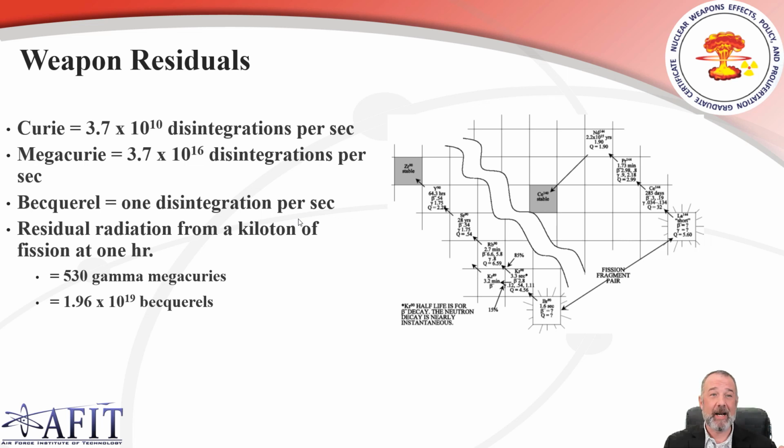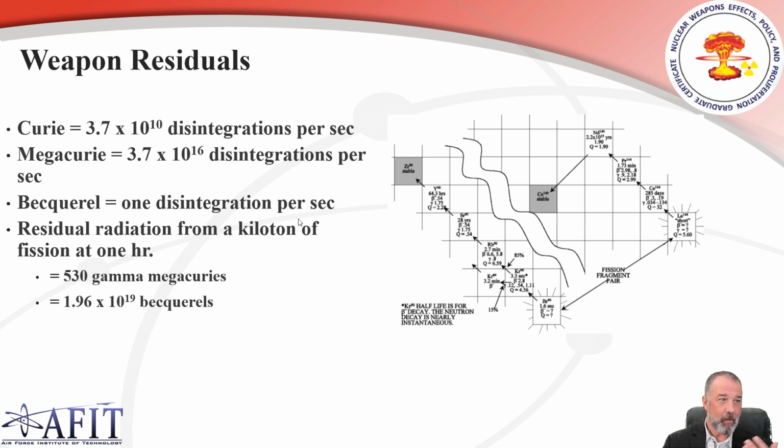But now let's go even higher. A megacurie is obviously a million curies, so that's 10 to the 16th radioactive particles, if you will, emitted per second, or radioactive decays per second. Now, why do we have to go all the way up to megacuries?